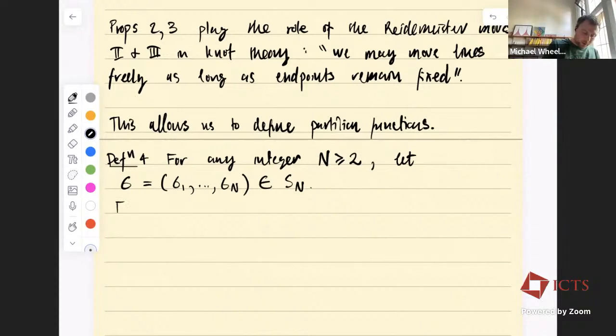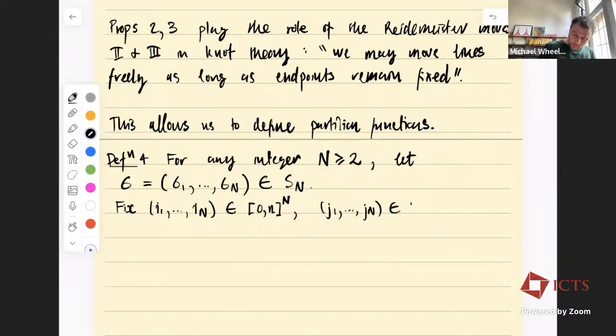And then we're also going to fix 2 vectors, I1 up to In. And so these will be vectors of colors. Okay, so basically living in the state space, Cartesian product n times. And likewise, I'll have J1 up to Jn living in the same set.